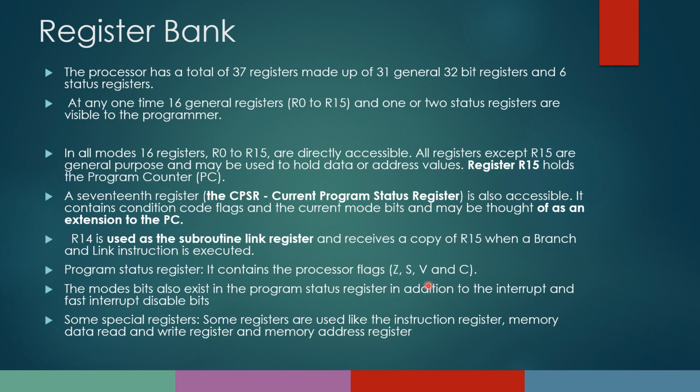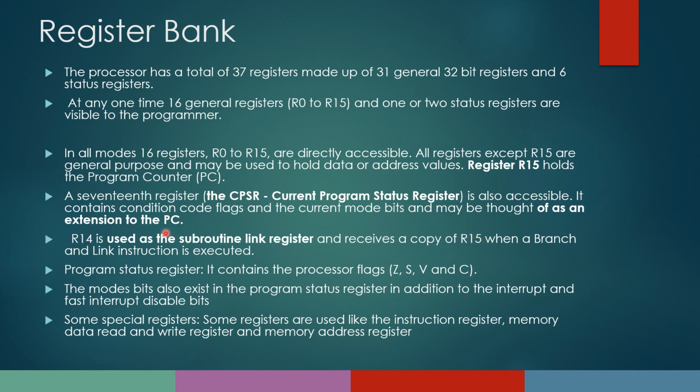It may contain values like Z, S, V and C, that is the zero flag, sign flag, overflow flag and carry flag. So it will be showing a particular status. And R14 is the register used when a branch and link instruction is being executed. If a subroutine is in process, R14 will have a copy of the register R15.